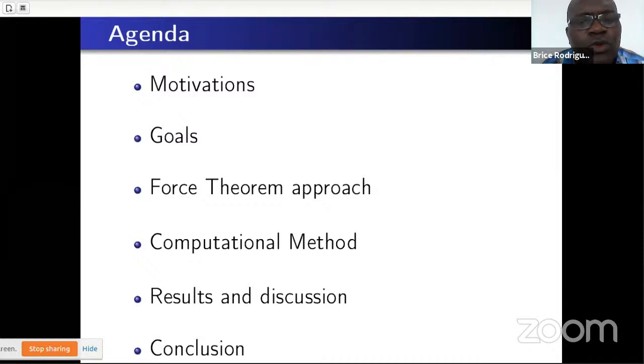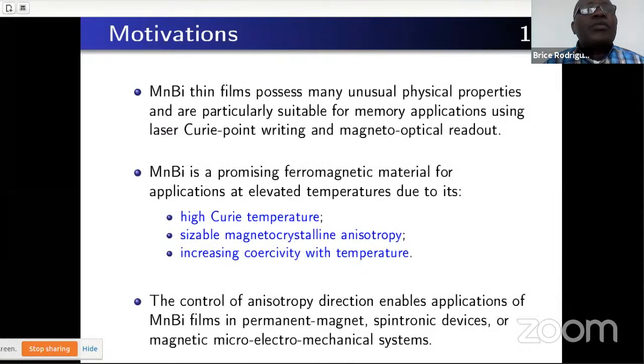In this talk, we are going to cover the motivation, goals, first-principles approach, computational method, results and discussion, and we will end with the conclusion.